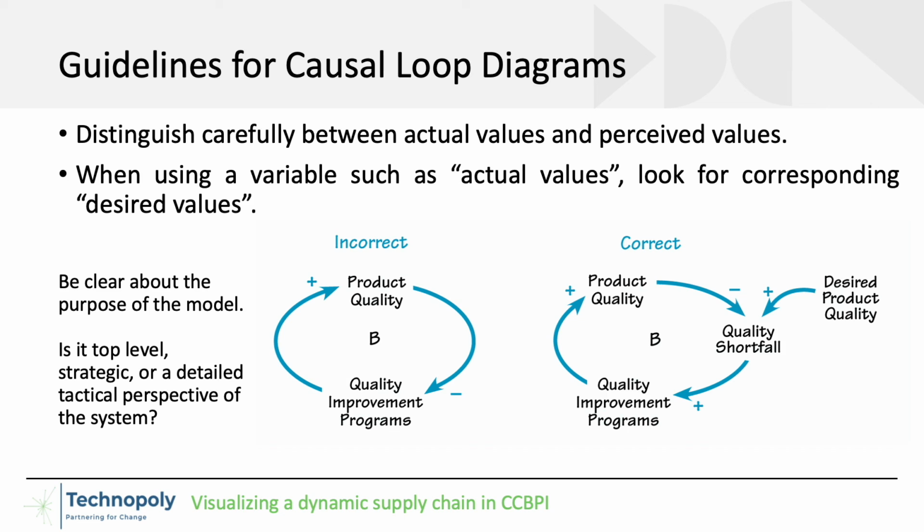So whenever you build causal loop diagrams, think about the purpose of the model. What is it trying to say? Oftentimes when we build models, we need to keep in mind whether we're building the model from a strategic perspective of the business, or from an operations level, or even at a tactical level of the system.